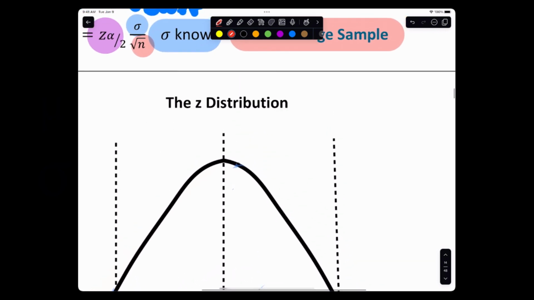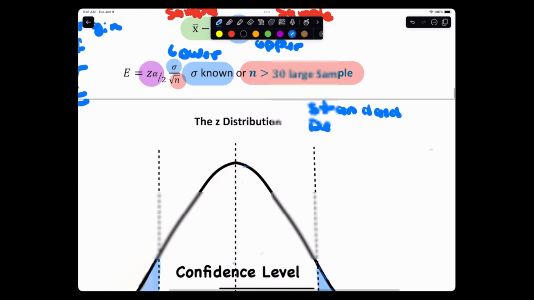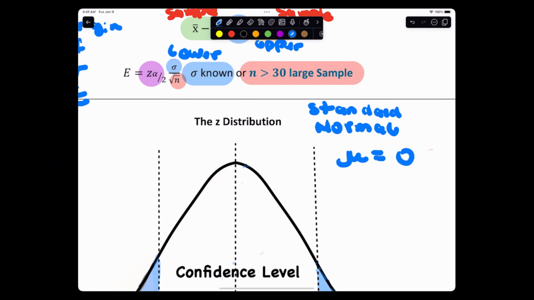Now, the Z distribution is known as the standard normal distribution. So I'm going to give you some theory here. It's a normal distribution. It's a bow. It's a very special normal distribution. It's called the standard normal, where the mean is 0 and the standard deviation is 1.